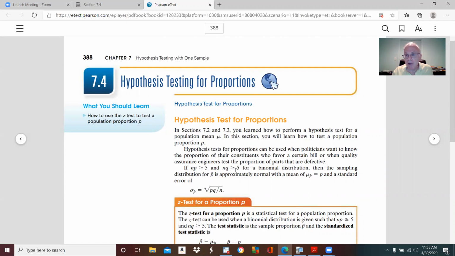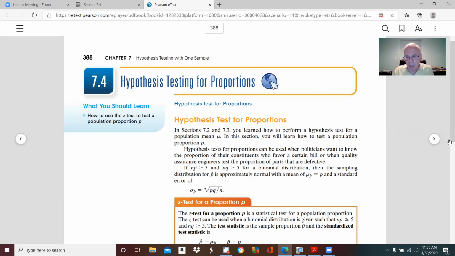But it doesn't really matter, because in pretty much every case that I'm going to show you, np and nq, which is the same as n times 1 minus p, is way above 5 or even 10. So it doesn't really matter. In both cases, the sampling distribution is going to be normal.